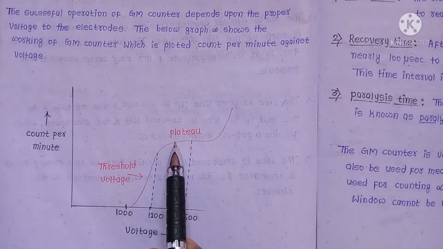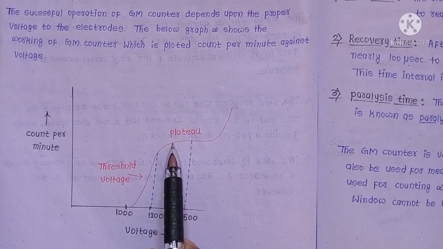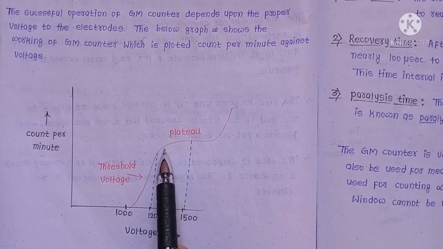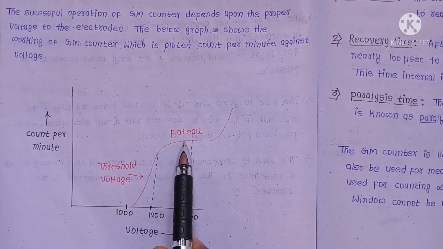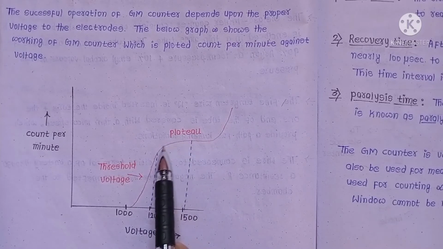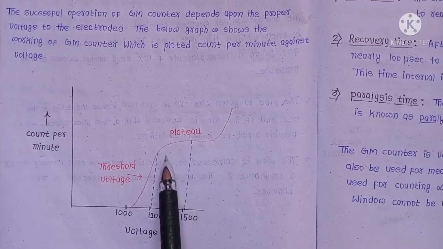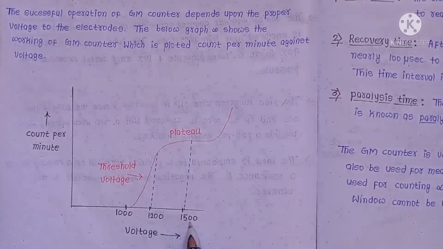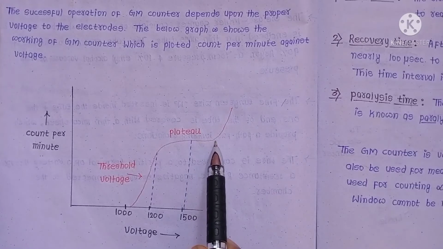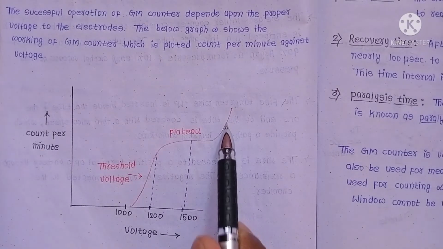After that, the release of ions, or ionization of the gases, continues. This flat curve represents the continuation of the ionization after reaching 1500 volts between the anode and cathode. Then the ionization of the gases increases.